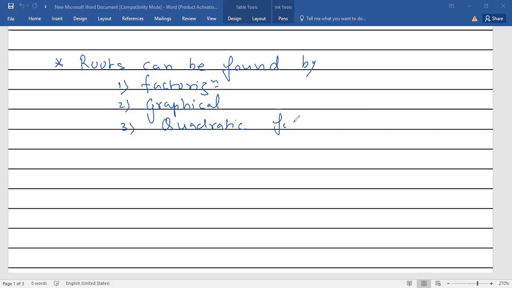And if a calculator is allowed, then obviously we can use our GDC. So these are some of the methods by which we can calculate the roots.